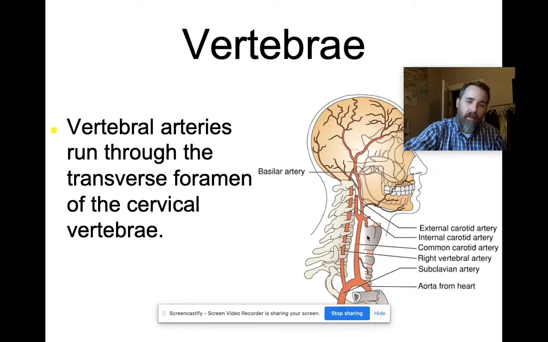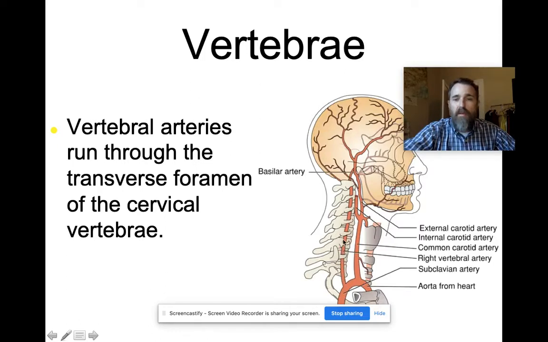The reason the cervical vertebrae have transverse foramen is that there are major arteries that branch off of the aorta and course up through the transverse foramen on the way to your brain.